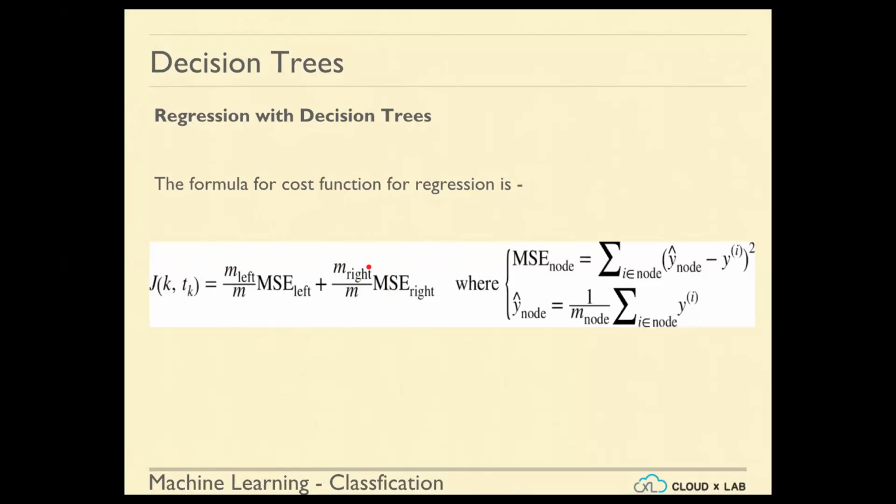It is trying to draw the line in the data where this is minimum. And how does it compute mean square error? The mean square error at a node is the average value of the squared difference of y and y_i.